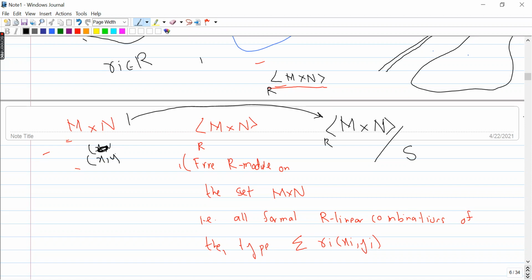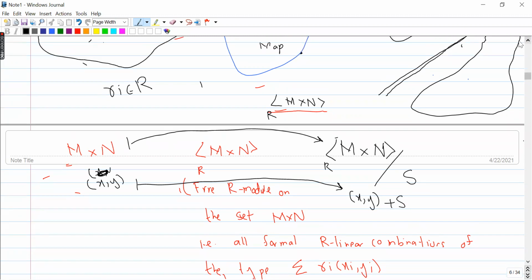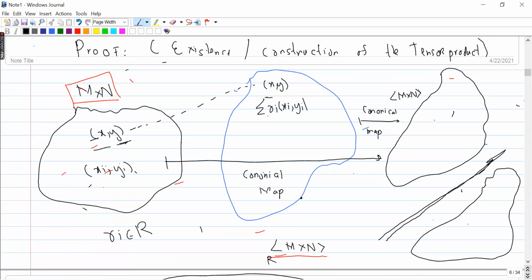That if (x, y) is here, then the output here is the coset induced by (x, y) with respect to S. So इसको मैंने ऊपर डायग्राम के जरिए बता दिया और नीचे थोड़ा सा algebraic notations के जरिए बता दिया that if I want to construct a quotient module, then there exists. So I want to see actually.